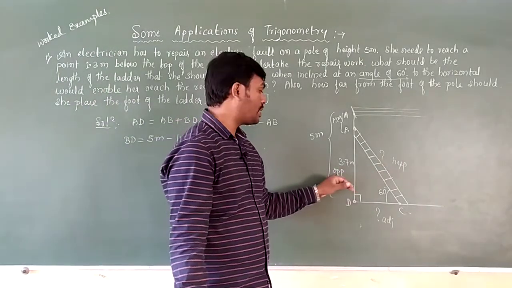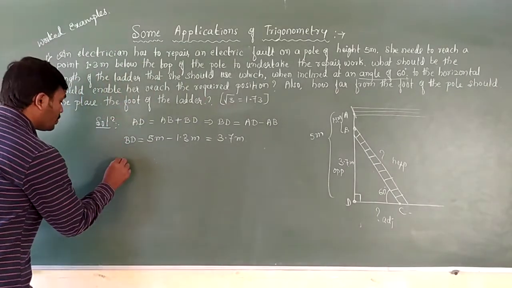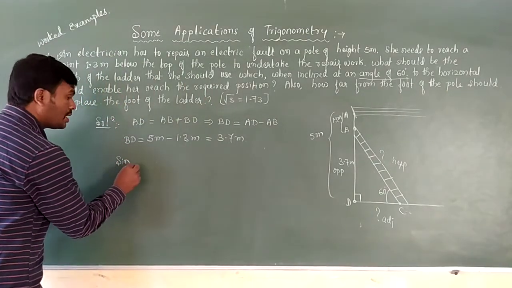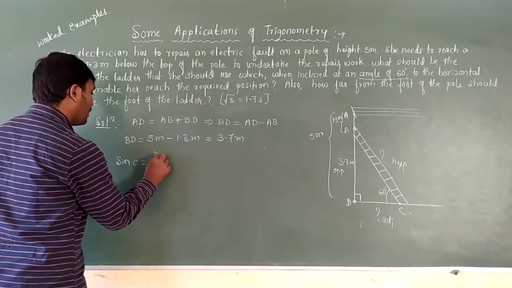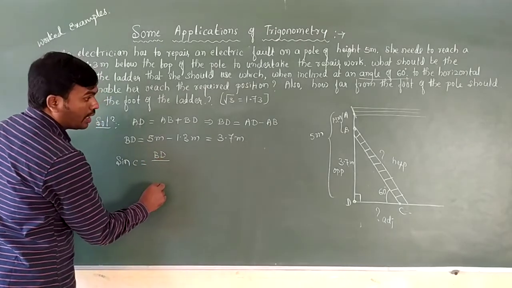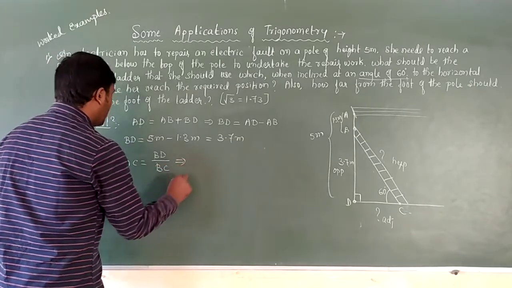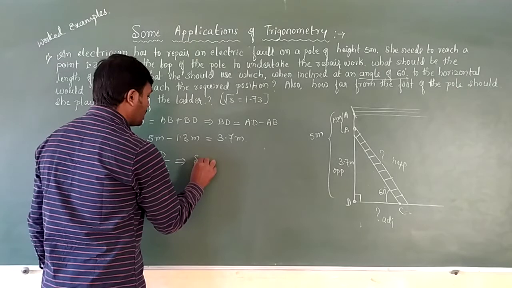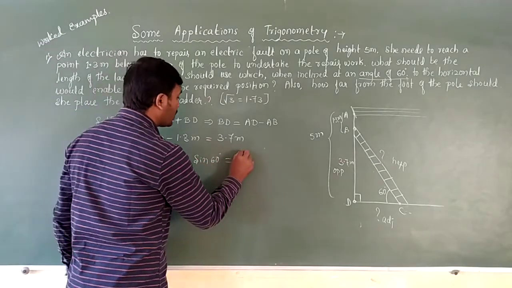The relation between opposite by hypotenuse is sine, so we will use that. Sine C is equal to opposite, that is BD, divided by the ladder, BC.